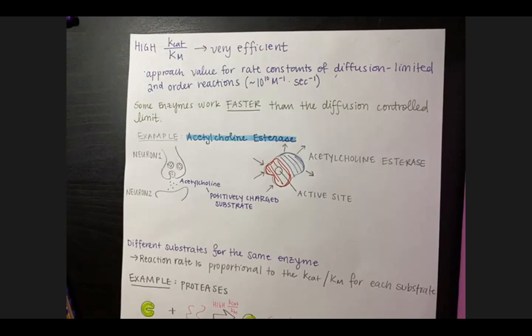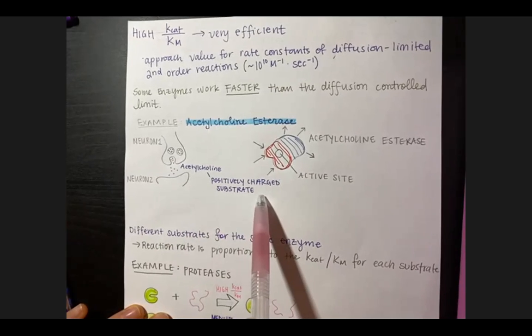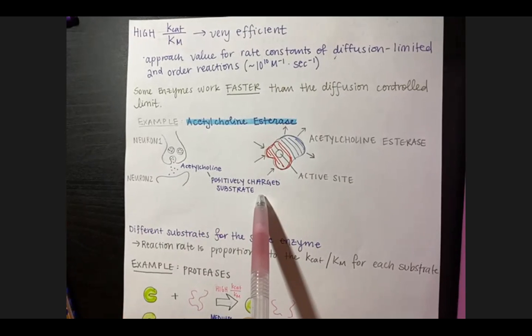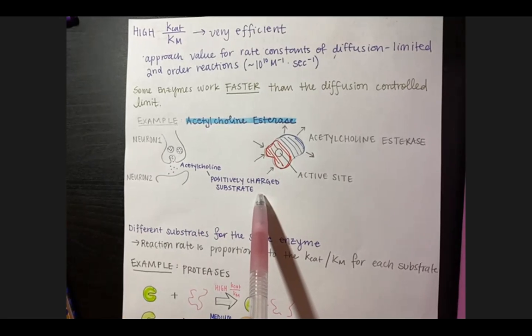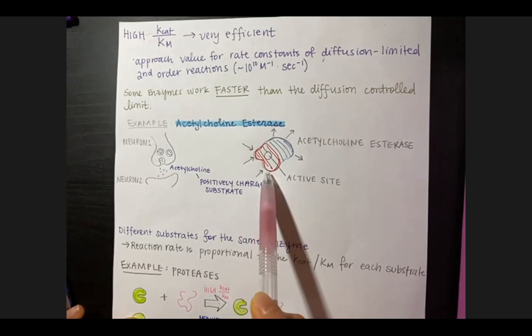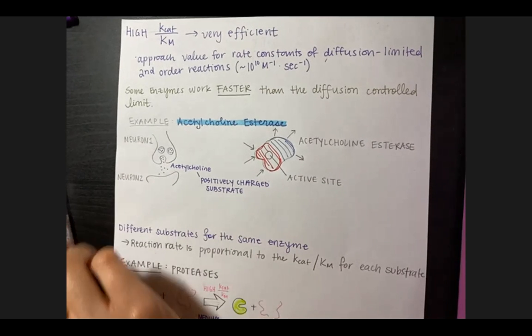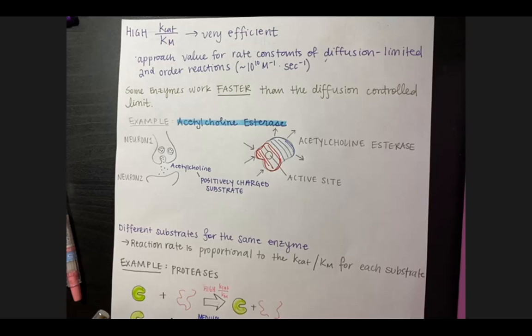Acetylcholine is released by neurons to other neurons. So here's our synapse, and this is a positively charged substrate. Acetylcholine esterase has to degrade acetylcholine very quickly, because if it's not degraded, it can create effects long after the signal. And so acetylcholine esterase works faster than the diffusion limited rate. There are electrostatic fields around proteins that can be polarized by charge groups, like from amino acid side chains, and by the shape of the protein.